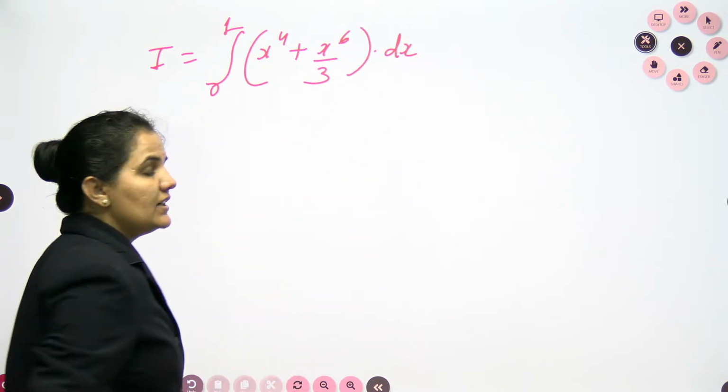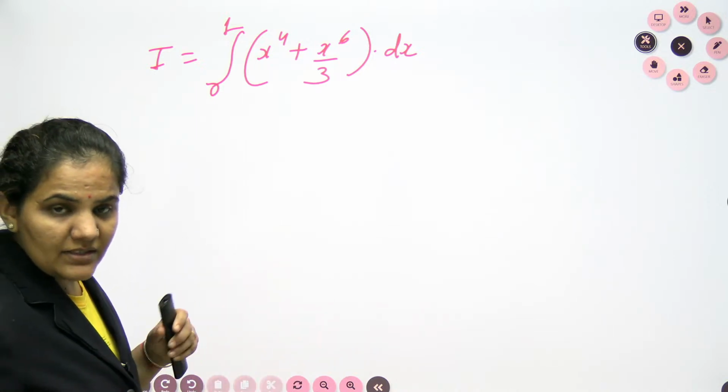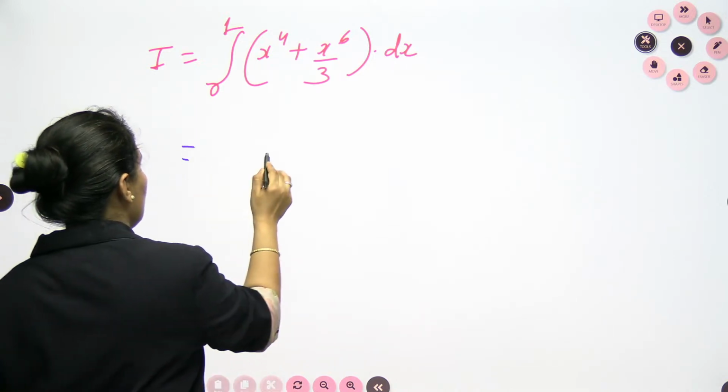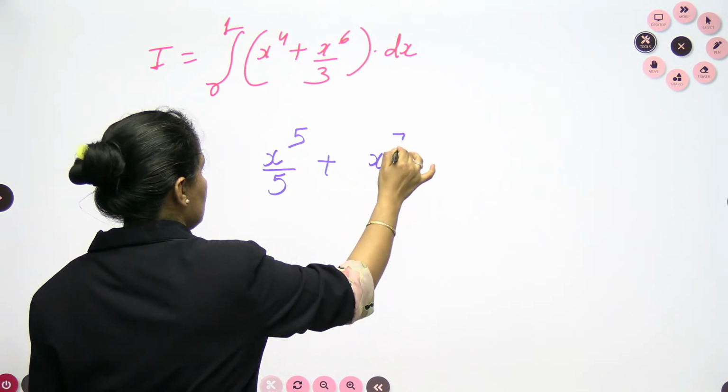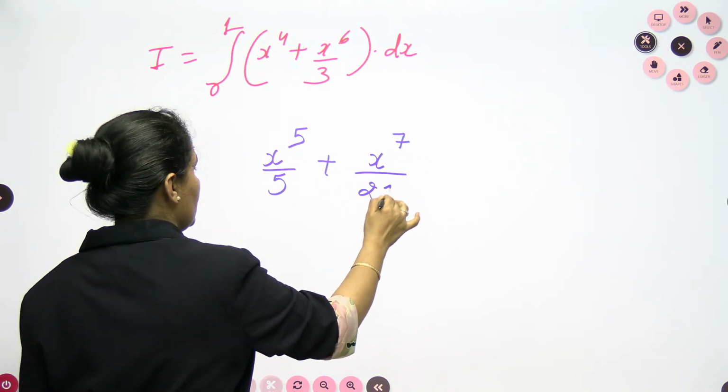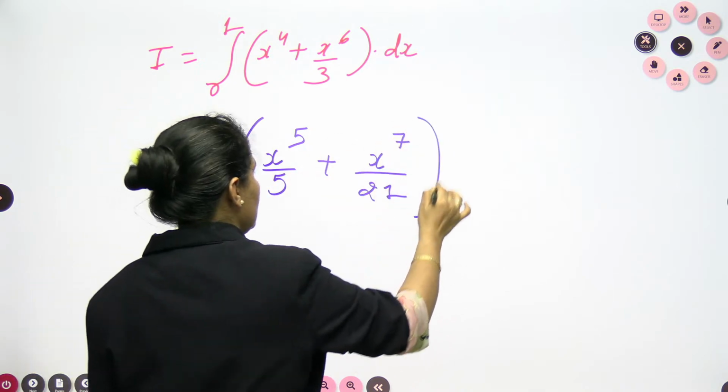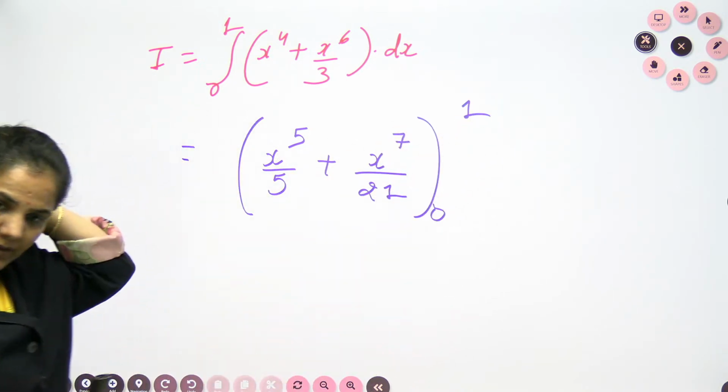Now finally I need to integrate the resultant quantity with respect to x. So it will be x power 5 by 5 plus x power 7 by 21, and I need to put the limits 0 to 1.